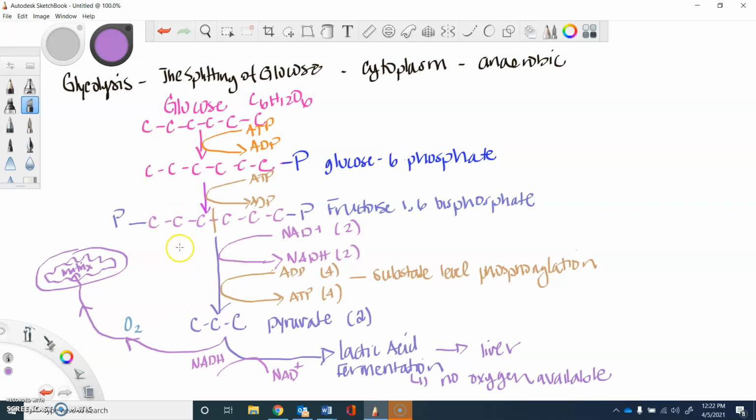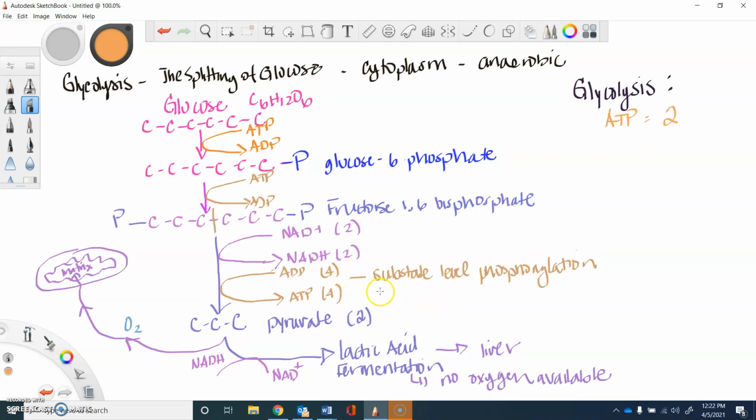So, that's glycolysis. In glycolysis, you know what, I'm going to keep with my colors here. So in glycolysis, ATP, we're getting 2.